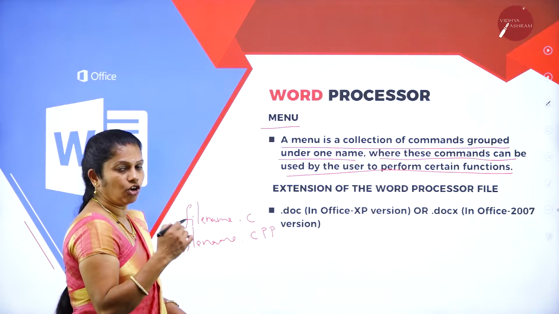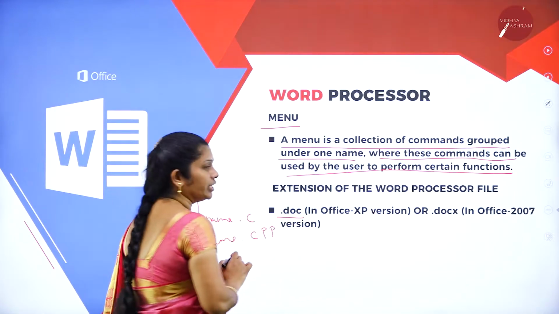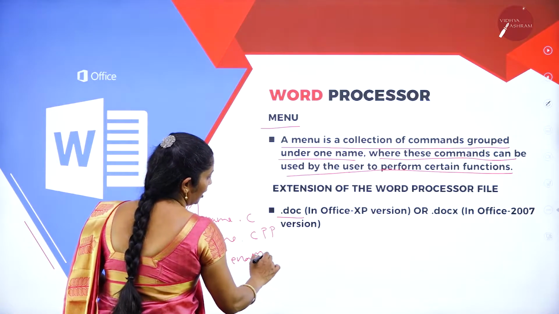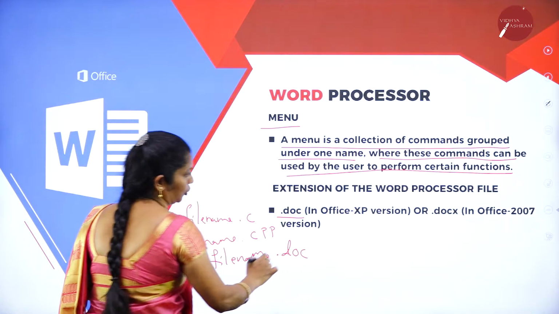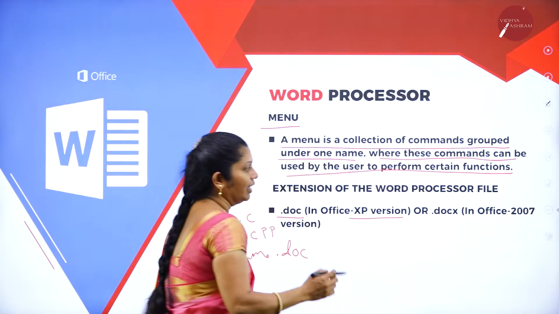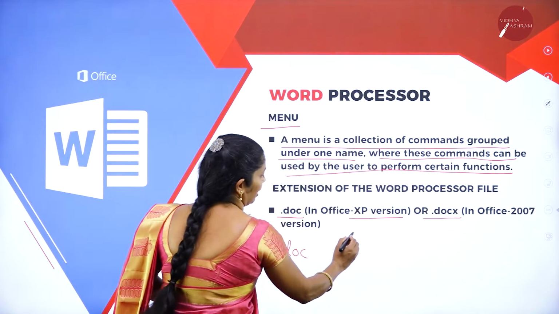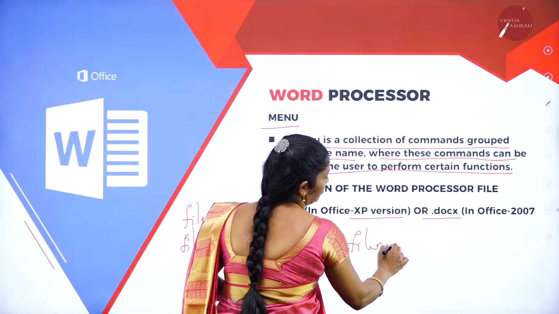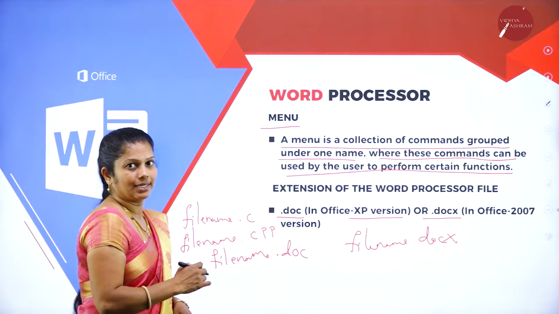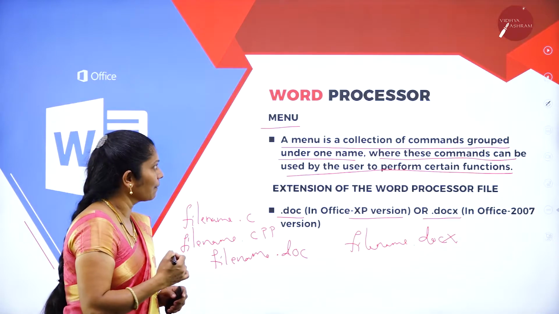In the same way, word processing documents can be saved with the extension .doc, that is the file name .doc, document format, in MS Office, especially the XP version. If it is Office 2007, then the file name .docx we will write. This way we can save the file. This is the extension we are using.